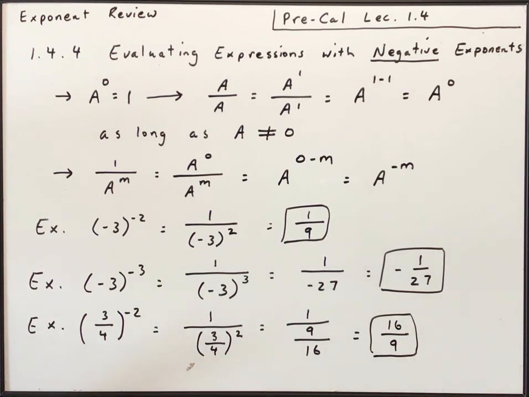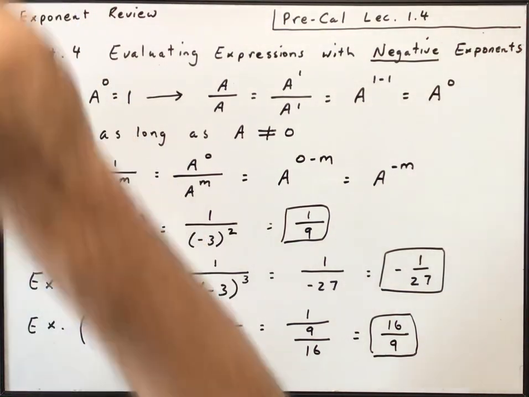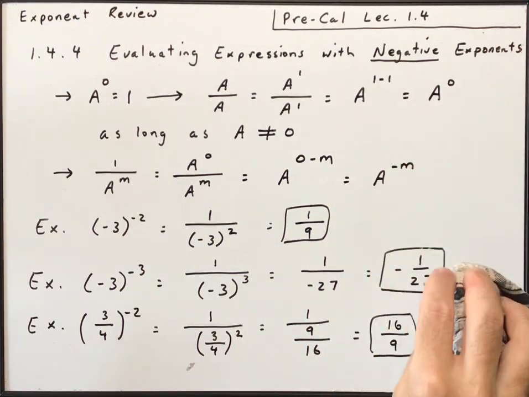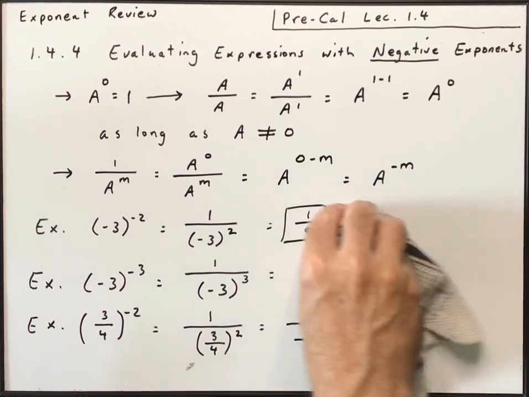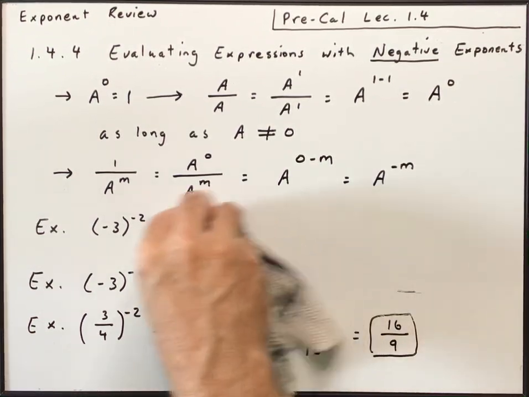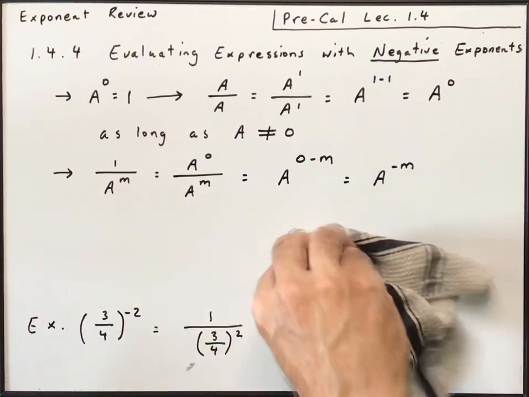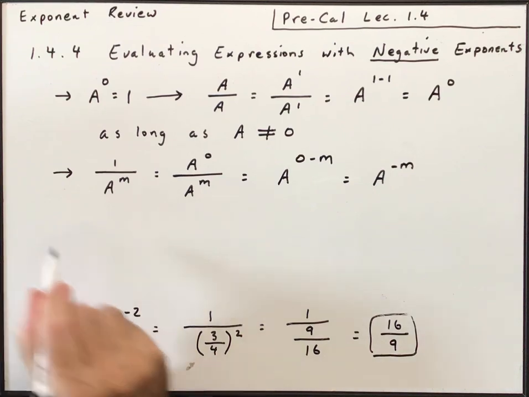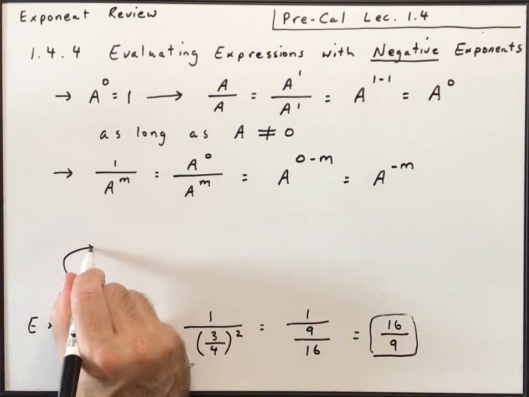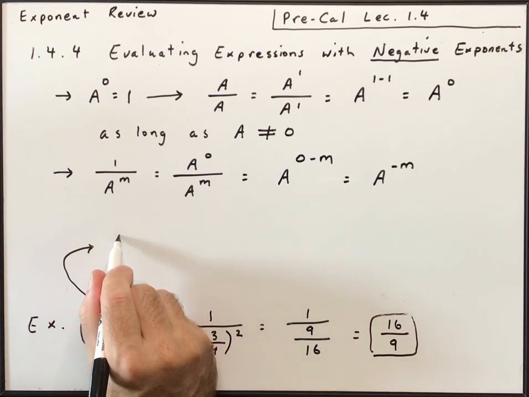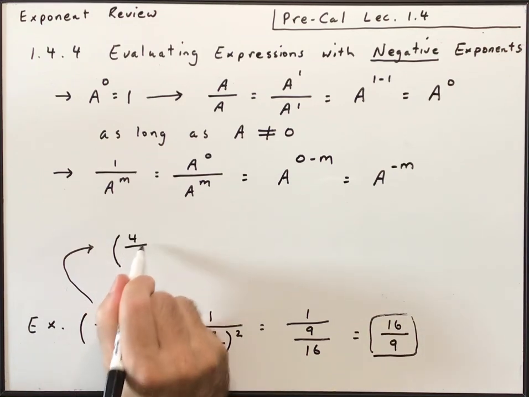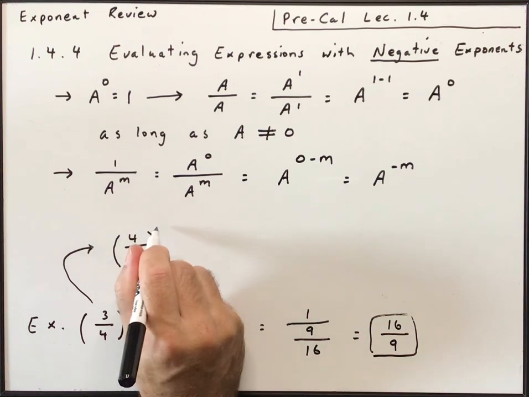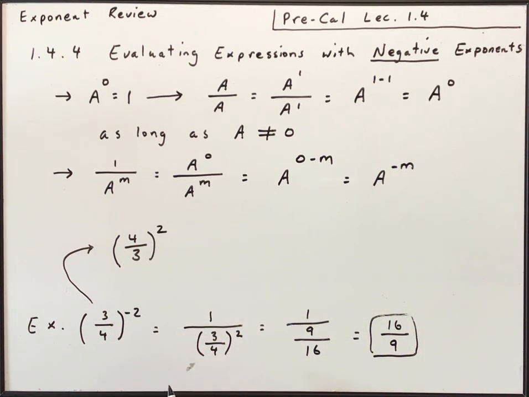Well, there's a little quicker way to do this. I'm going to leave that bottom one on the board just for a second before I erase the whole thing here. You can rewrite this. You can flip the fraction, 4/3. So take 3/4, flip it, and then you can change the sign of the exponent.